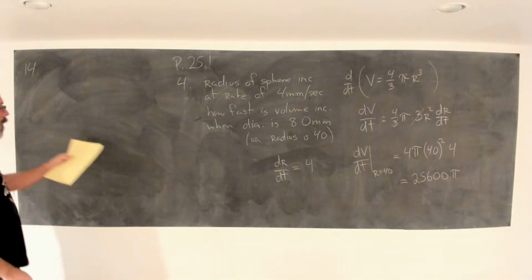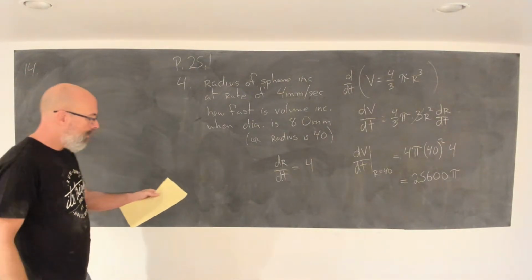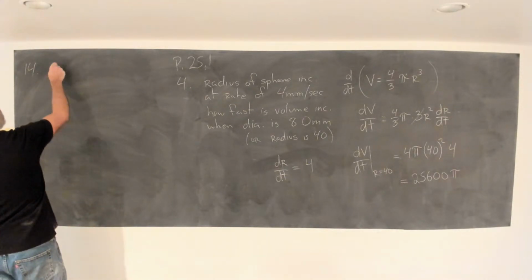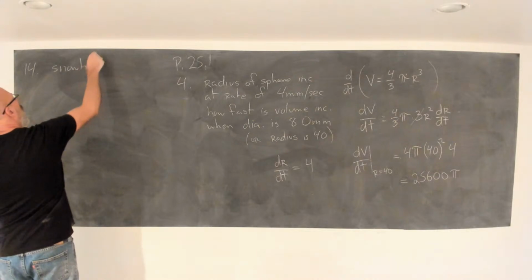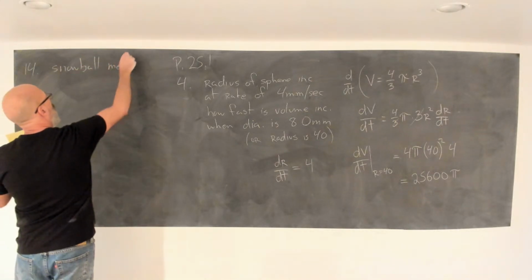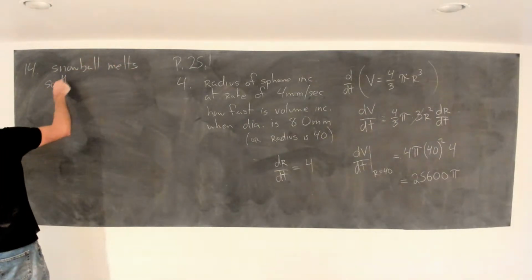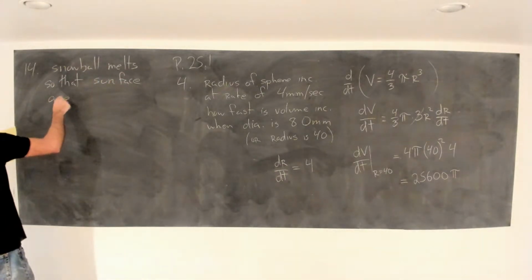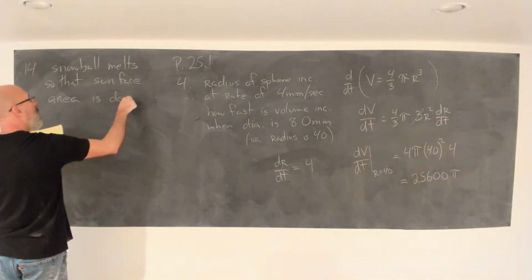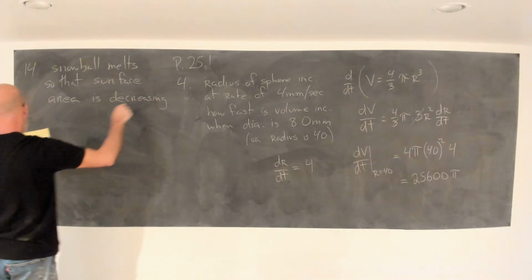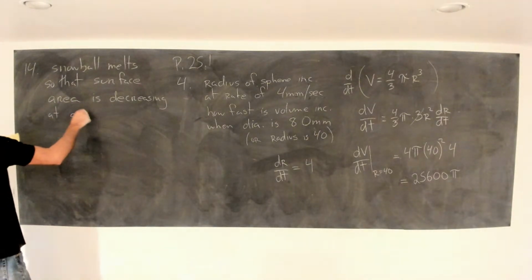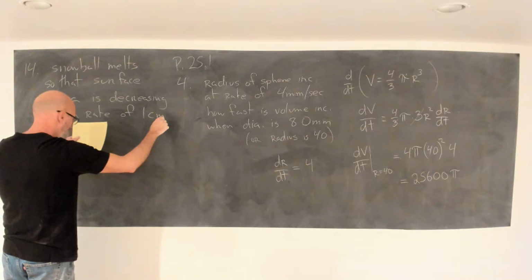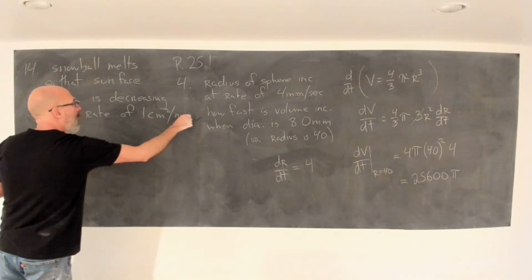do a few more. The snowball melts such that its surface area is decreasing at a rate of 1 centimeter squared per minute.